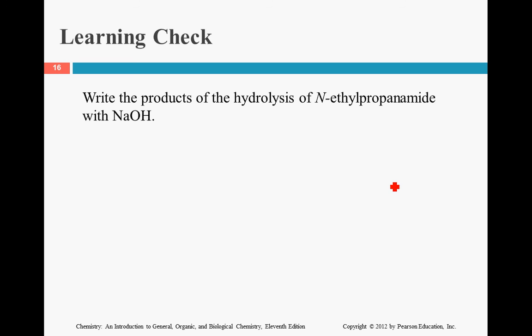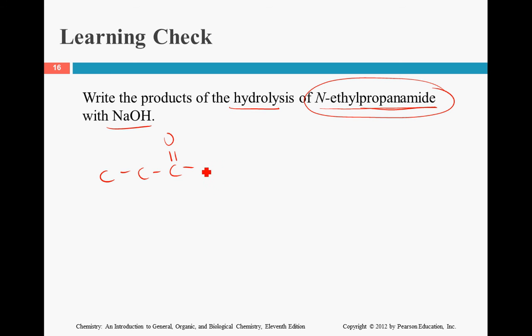So let's take a look at doing it on our own. The hydrolysis of N-ethyl propanamide with NaOH. So let's start with what this structure is. We have propanamide, which means there's 3 carbons because it's prop, with an oxygen, and it's an amide, so that means we have a double bonded oxygen and a nitrogen.